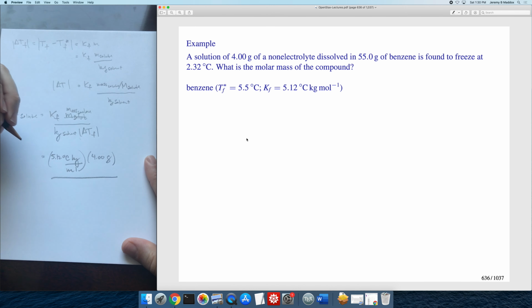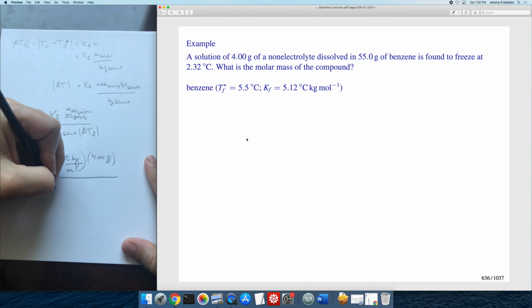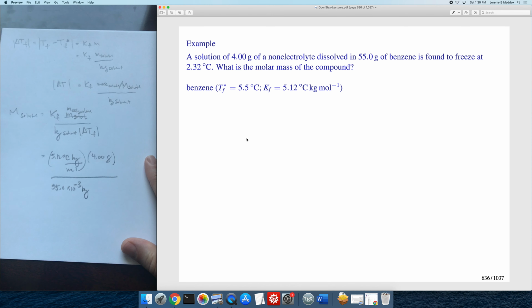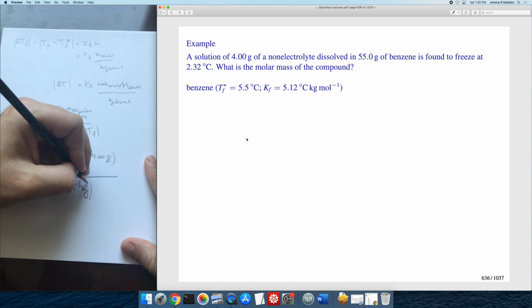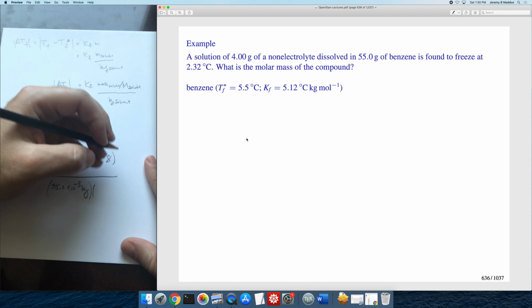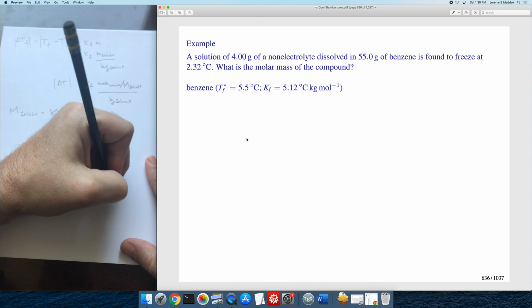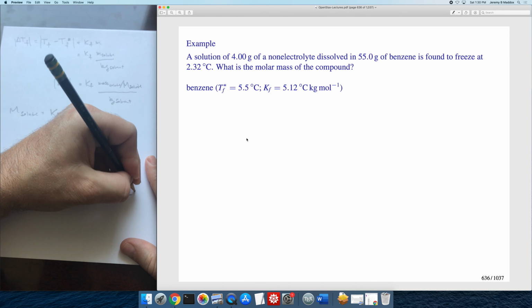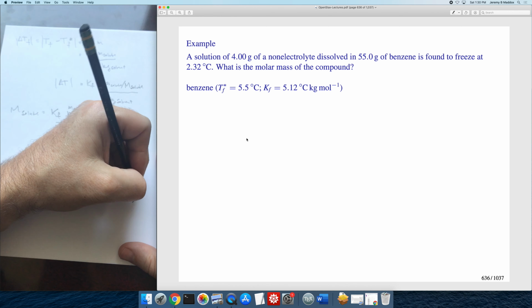We're going to divide that by the kilograms of the solvent, which is going to be 55.0 times 10 to the minus 3 kilograms. And then the delta T is going to be 5.5 minus 2.32, and that's degrees Celsius.